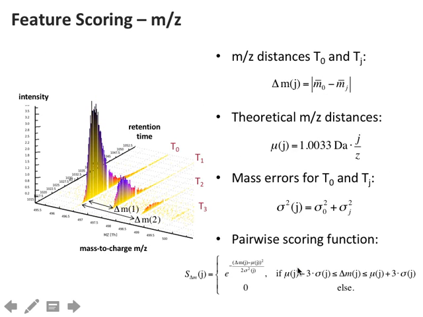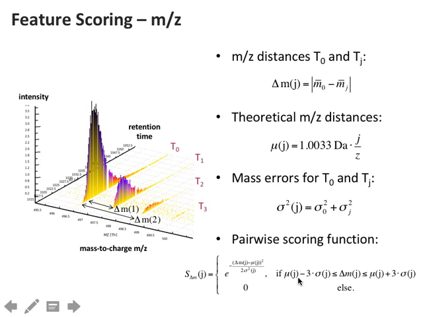So what we do is a scoring that is based on 3 components: mass to charge, where we assume that we have a distance that corresponds to one of the possible charge states. And again, we enumerate multiple charge states. We have a scoring function that includes the estimated mass errors that we have determined locally.